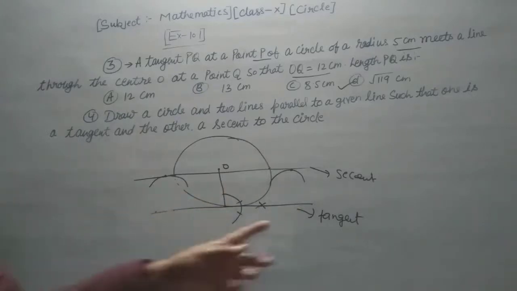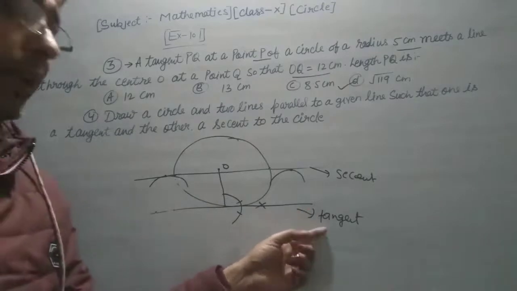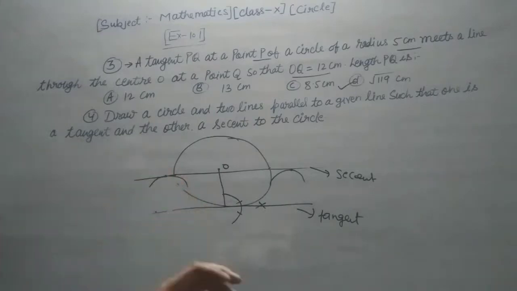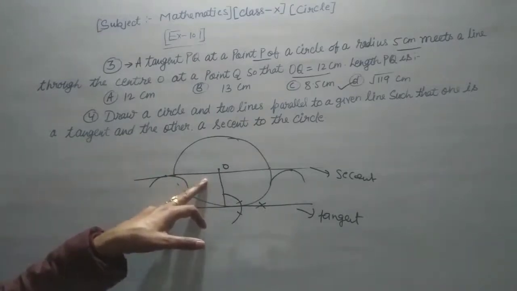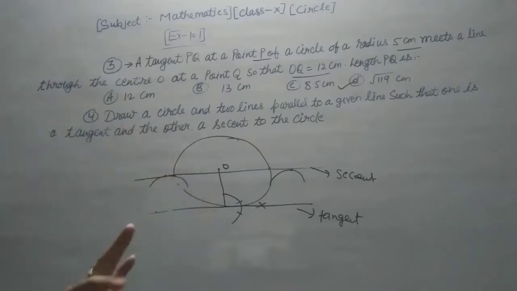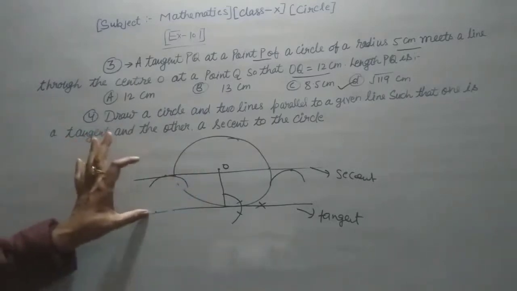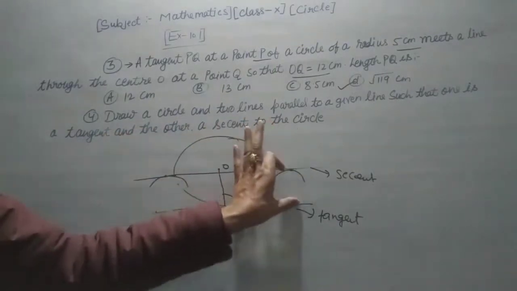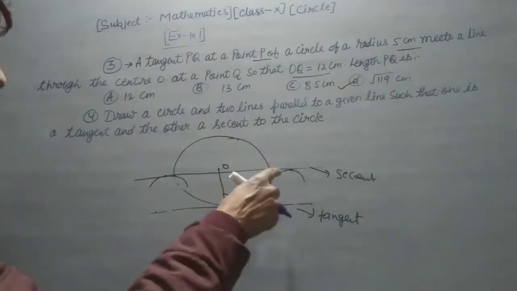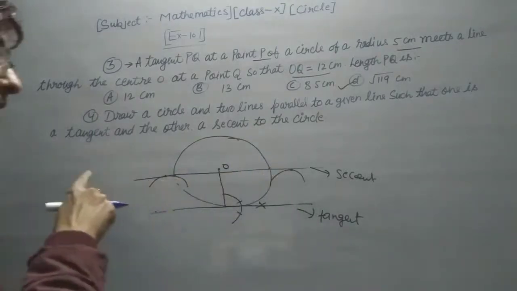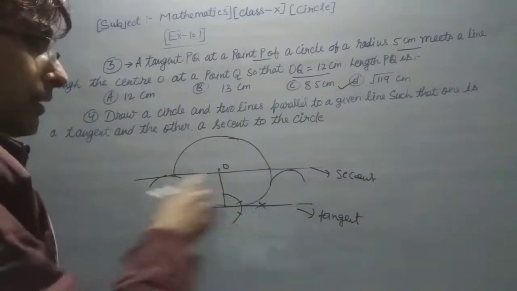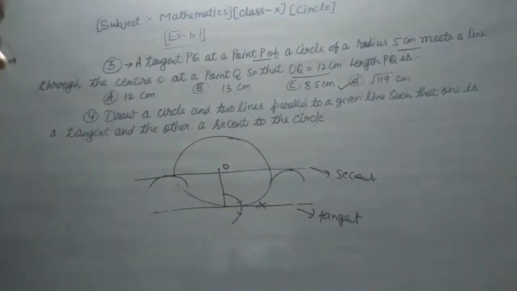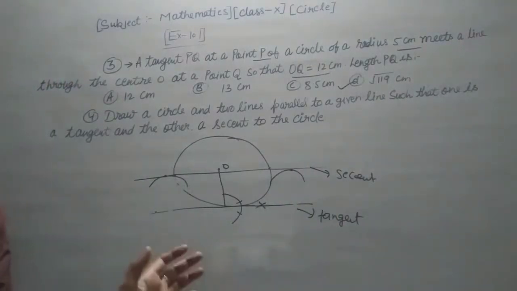Then you find the tangent, and after that you fill any distance that is less than or equal to the radius, and then you take this point and make an arc just like that, and also take this point and make an arc just like that. Then at the top of this arc and this arc you meet with the line, and this line is parallel to this line, and this is known as a secant and this is known as a tangent. Are you understanding how to do these things?